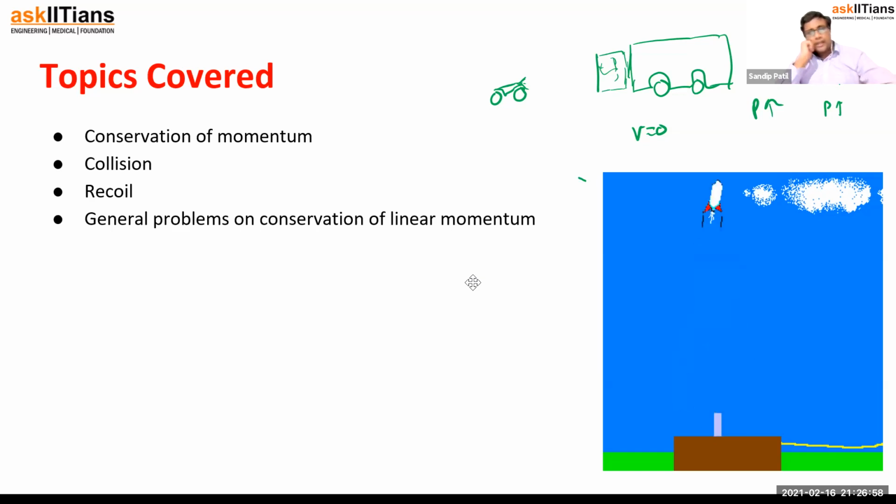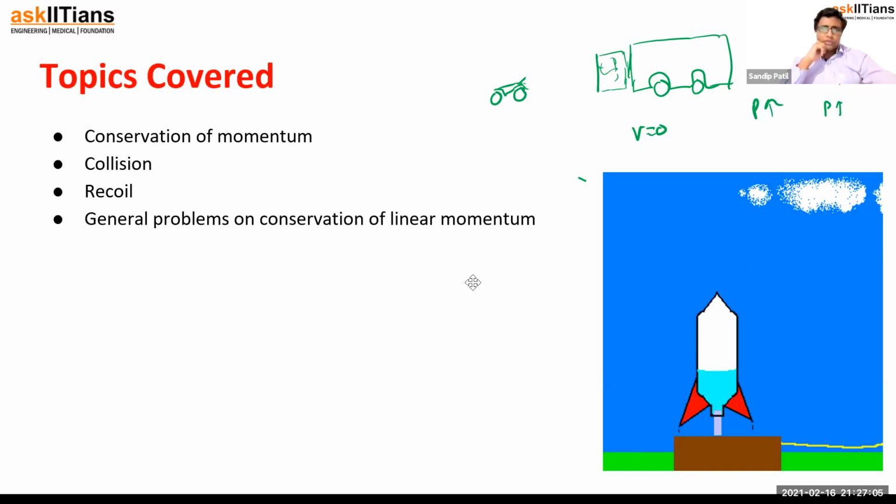Then recoil. Now, what is a recoil? Is it something related to coil? Coil is, you can say, something spring type, right? But that's not recoil actually. So what is recoil? It is a recoil velocity. You can consider the example of a gun and the bullet.